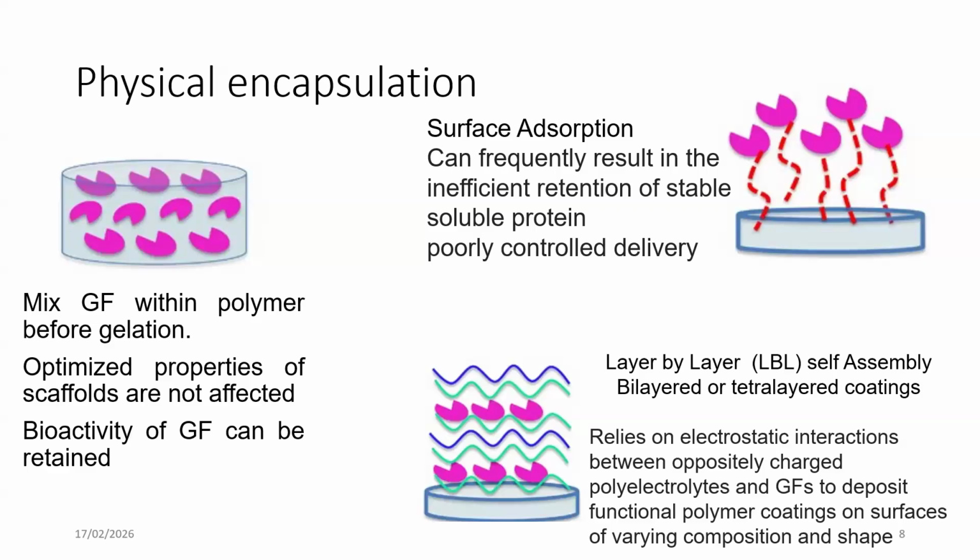It's called layer by layer. It basically relies on electrostatic interactions, which are positive and negative, relatively weaker than covalent, but stronger than just physical interaction. So there is some interaction between oppositely charged polyelectrolytes and growth factors to deposit functional polymer coatings on surfaces of varying compositions and shape.